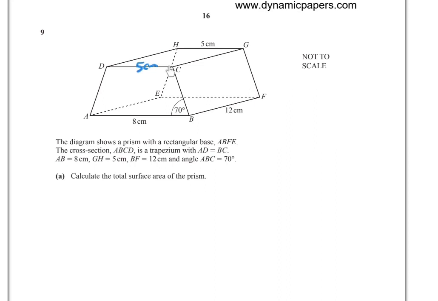Now we need to find the height between them. We don't have the height, but if we drop perpendicular from C and perpendicular from D, we have a rectangle. So if this is 5, this also 5.